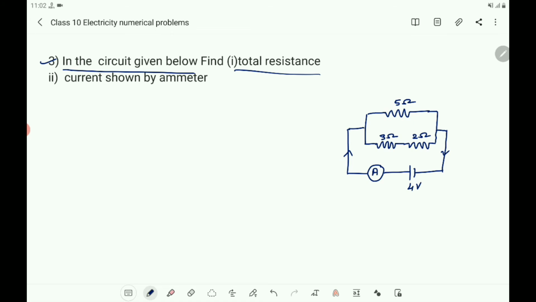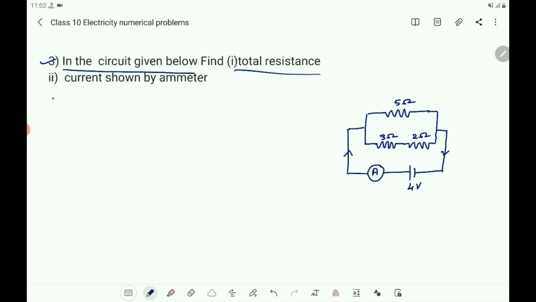So to find the total resistance, first get the total resistance in the series connection, and that total resistance is connected in parallel with the 5 ohm resistance, then you use the parallel connection and get the total resistance. So you write the solution.